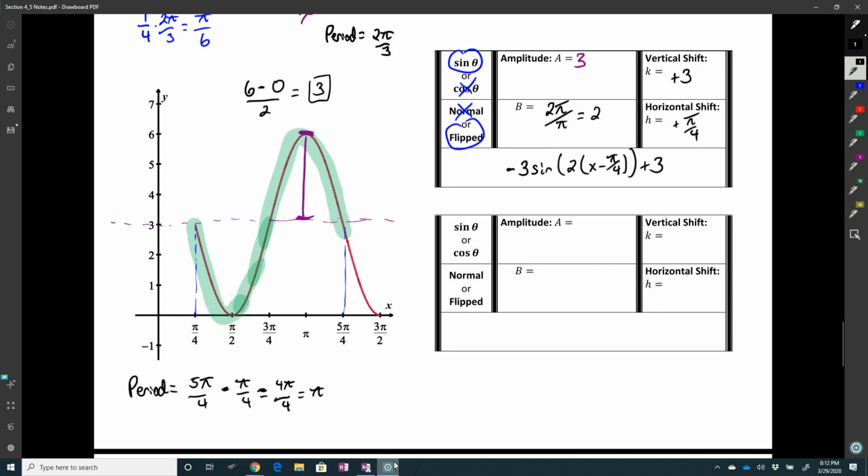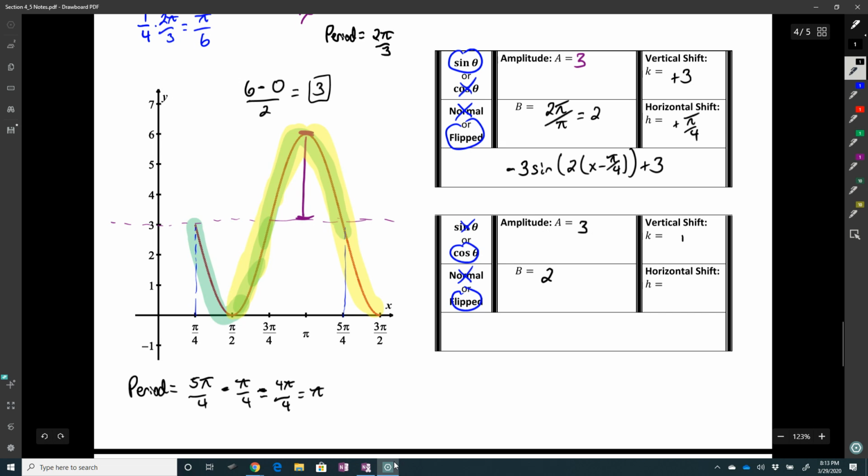So next is to look at it from a cosine point of view. Looking at this from a cosine point of view, you can see this would be the shape we're looking at. And that is a flipped cosine. Now, when you're dealing with the same trig function, the amplitude and the period stay the same. So that's still going to be 3. That's still going to be 2.